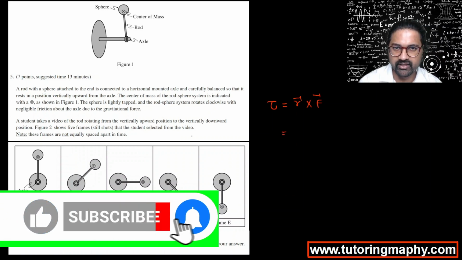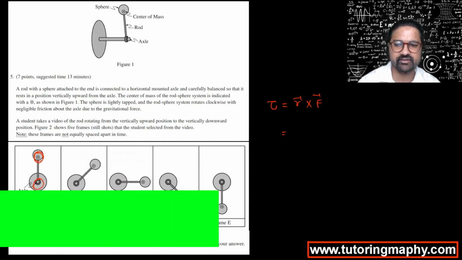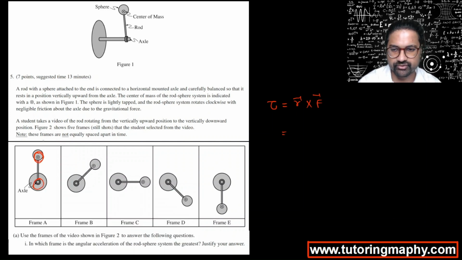Now R remains the same, right? Whatever is the distance between the center of mass and the axle, it remains the same in all the positions. This distance is R and it points like this, and this is R here, R is here, R is here, R is here.